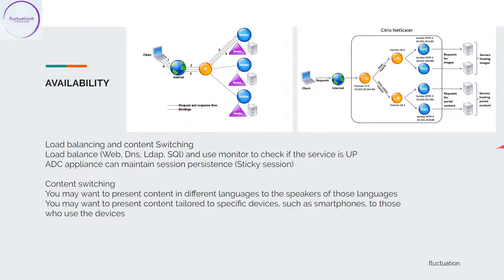First, we will see the first feature, availability. Availability is very important because the Netscaler will improve application availability. One of the most important and most used is load balancing.